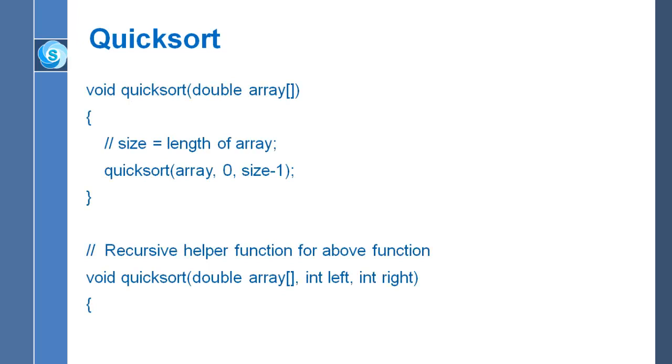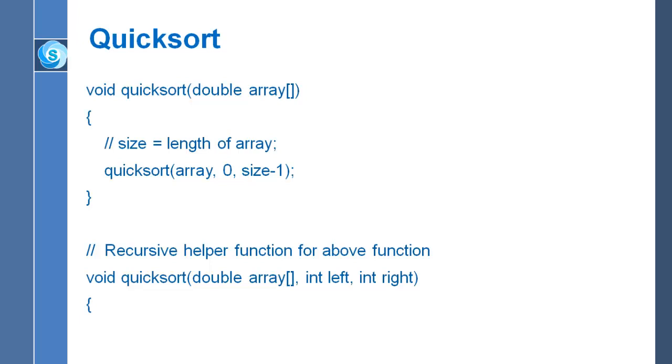So here's the code for Quicksort. I actually have two different functions named Quicksort here. At the top, there's a Quicksort that has a single parameter, which is the array that we want to sort. And at the bottom, there's a Quicksort function that has 3 parameters, and it is this function that matches the Mergesort function that we looked at previously.